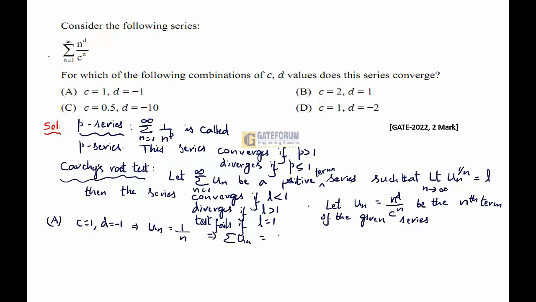Summation un means the given series is 1 by n. So this looks like summation 1 by n power p, where p value is equal to 1. P value is equal to 1, divergent. So A is divergent, since p is equal to 1, by the p series.